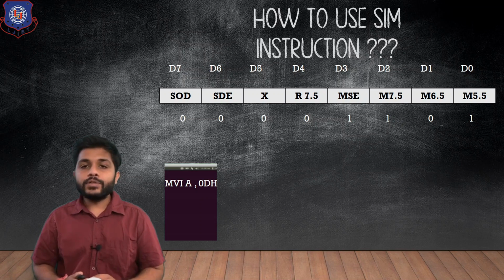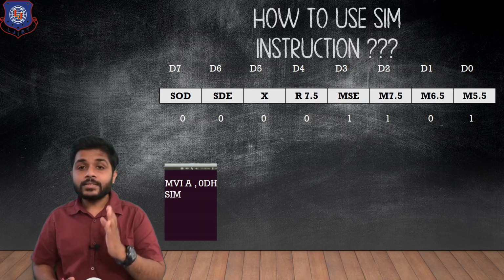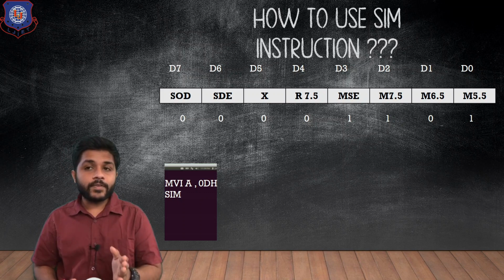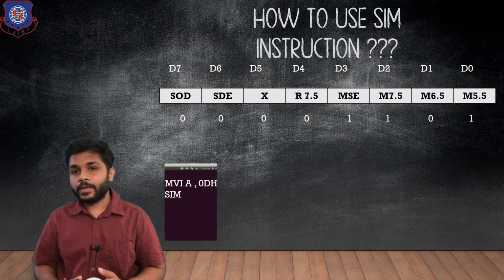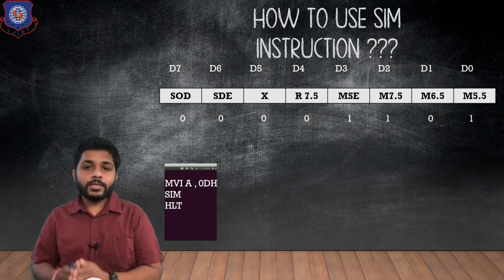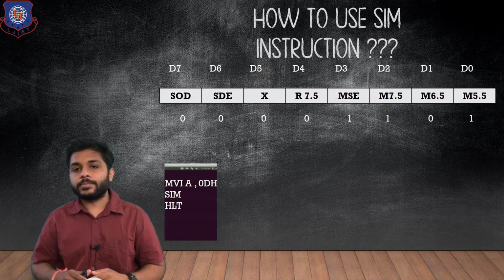After that, we will use the instruction SIM. When we use the SIM instruction, the RST 7.5 and RST 5.5 interrupts will be masked, and we will use HLT. So by using the SIM instruction, we can mask and unmask interrupts.